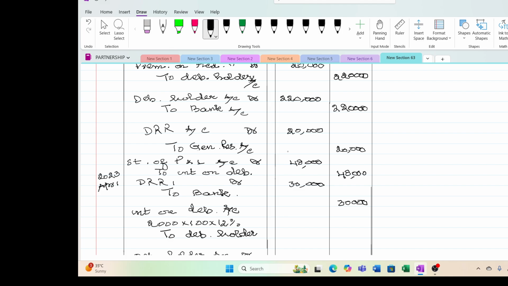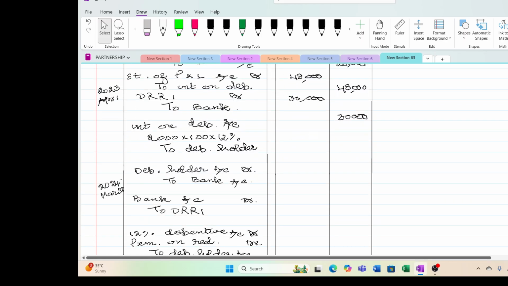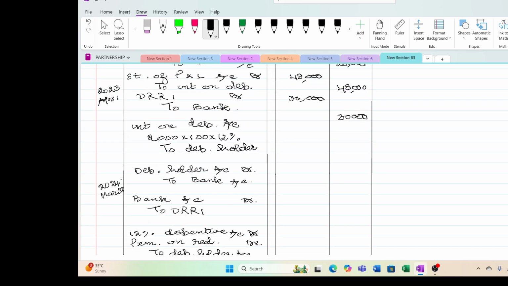Again and again I am repeating so that you may have question like this in your exam. So interest on debentures, now we are left out with only 2,000 debentures. So we have to make a payment of interest 24,000, which becomes due to the debenture holders. Now it will be easier for you to understand and do it. After that, we are making the payment of interest.